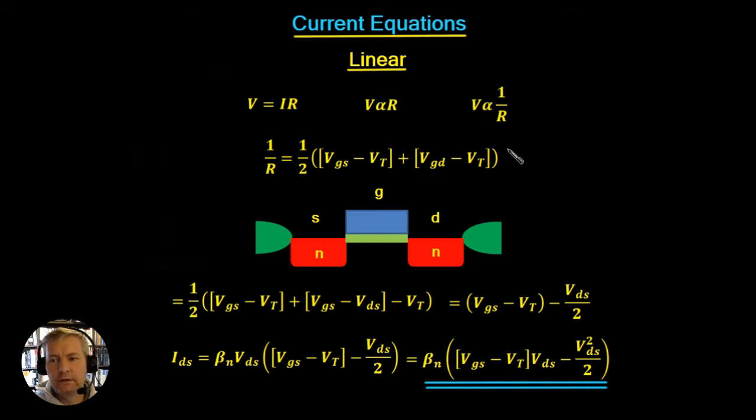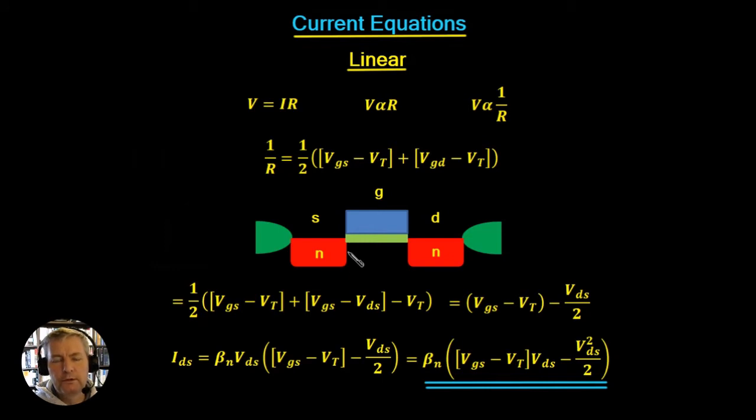So we can say here that our voltage is directly proportional to 1 upon R, and the 1 upon R is our conductance. Now we know that the conductance, or how easily the current gets conducted across this channel, depends on the depth of our inversion layer.